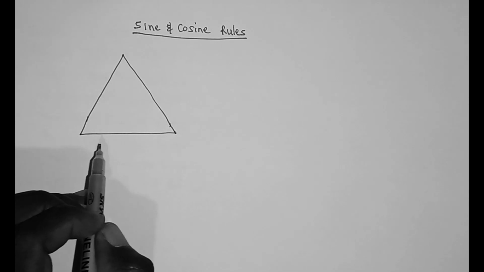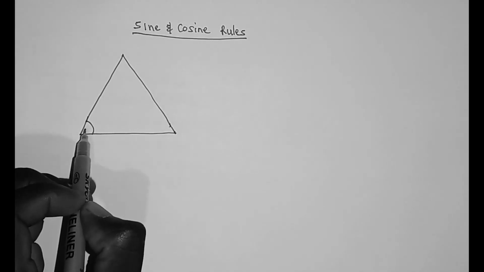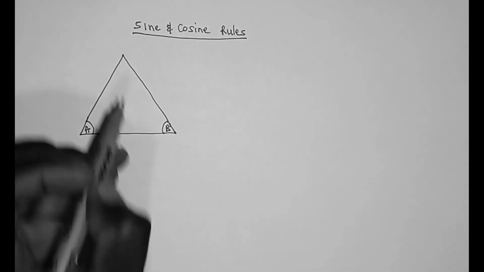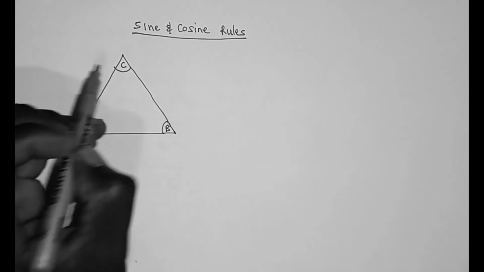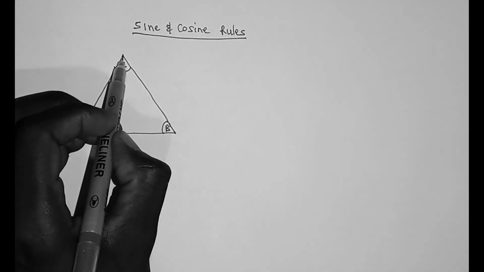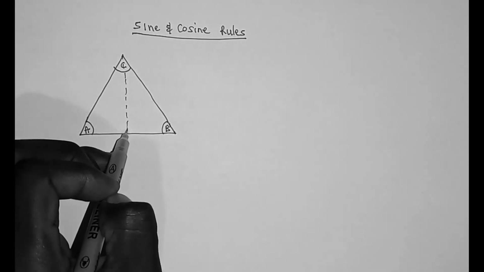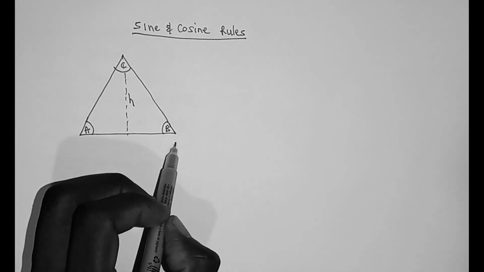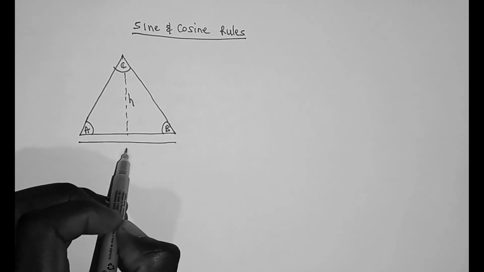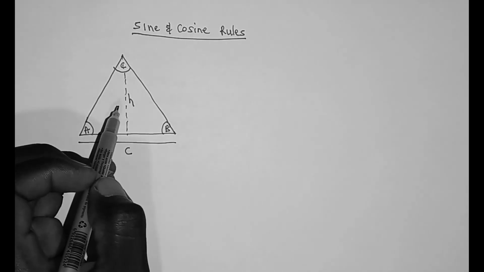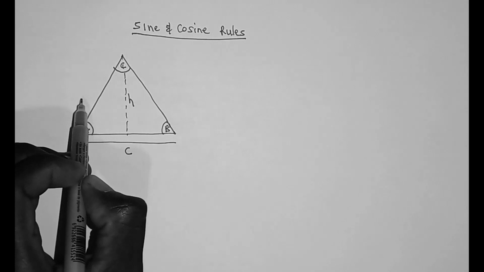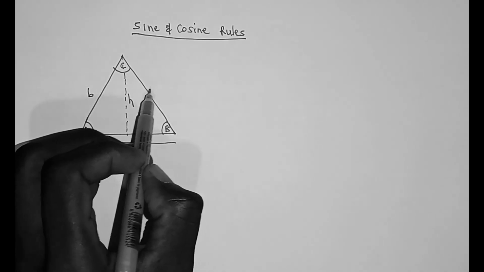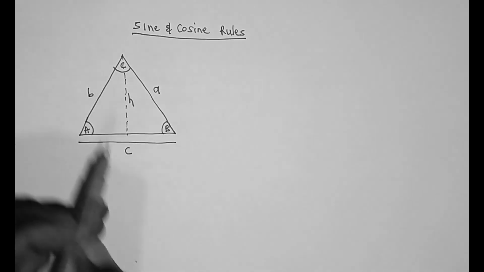In the triangle, we have angle A here, angle B here, and the top part is angle C. Let's assume that the height of this triangle is h, such that the length from this point to this point is c, the length of this side of the triangle is b, and the length of this side of the triangle is a.